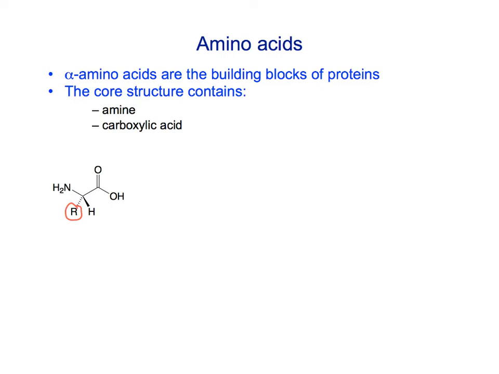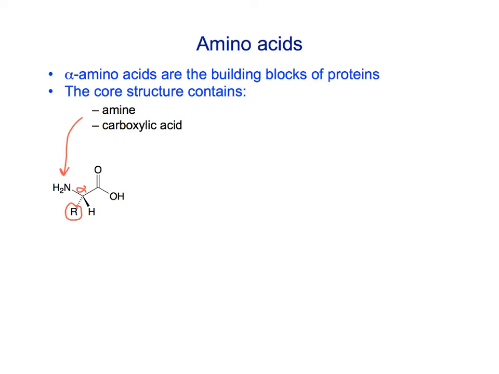How they're all the same is that they have this amino group. And remember, if we look at the position adjacent to the carboxylic acid, we can call this the alpha position. And so the amino group is attached to the alpha position, so it's called an alpha amino acid.